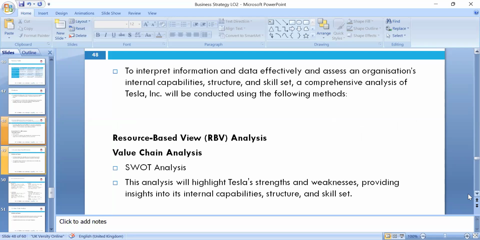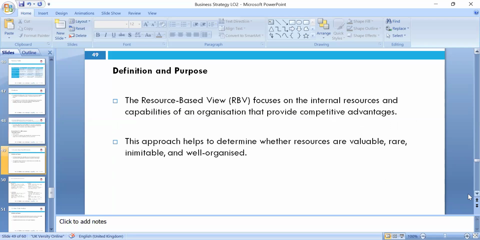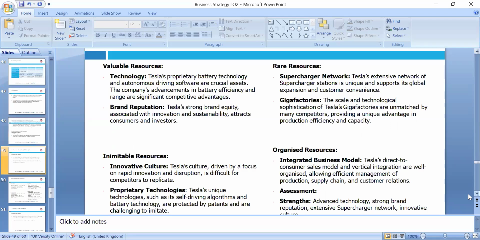To interpret the information, the data effectively assesses the organization's capability. Of course, we can look around the data and their financial statements, as we already had a discussion on the purpose of the resource-based view.